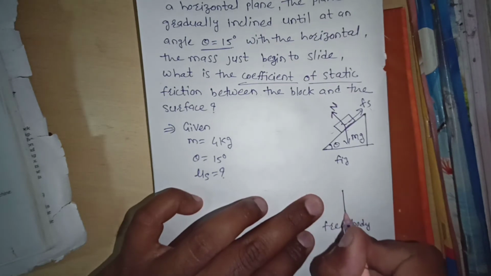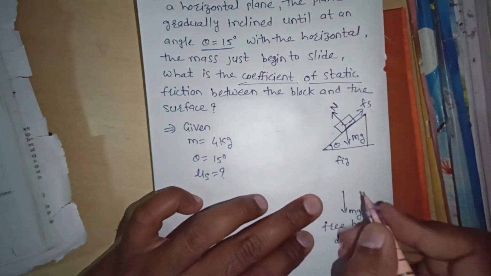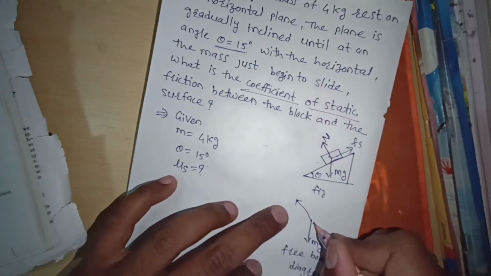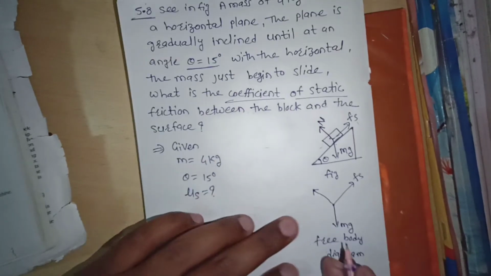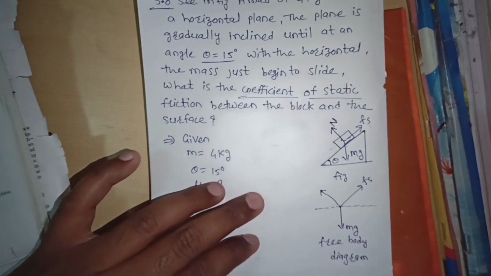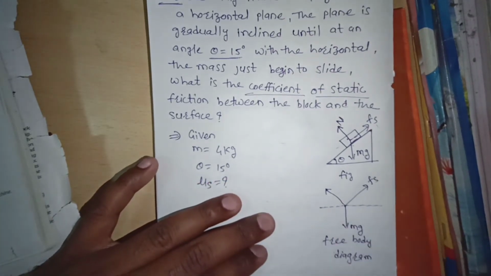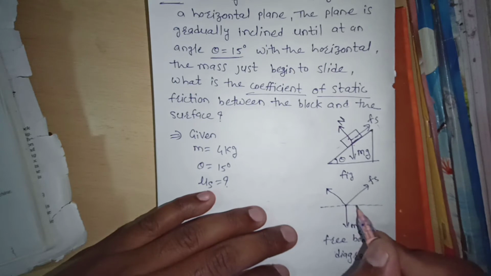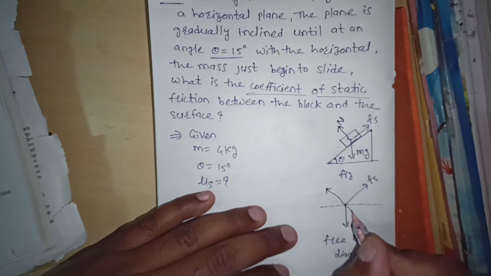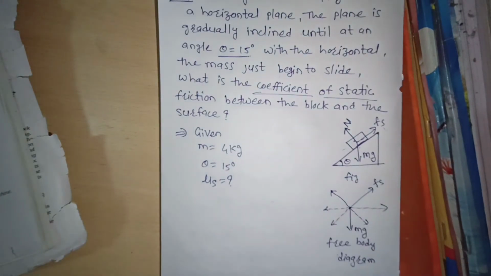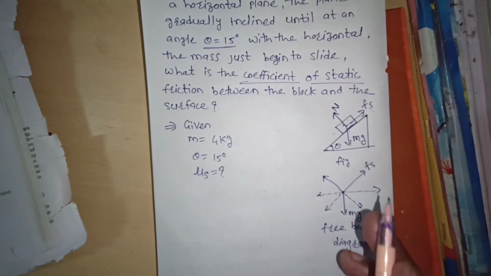In the free body diagram, mg is in the downward direction, the normal reaction force is normal to the surface, and the static friction fs is in this direction.